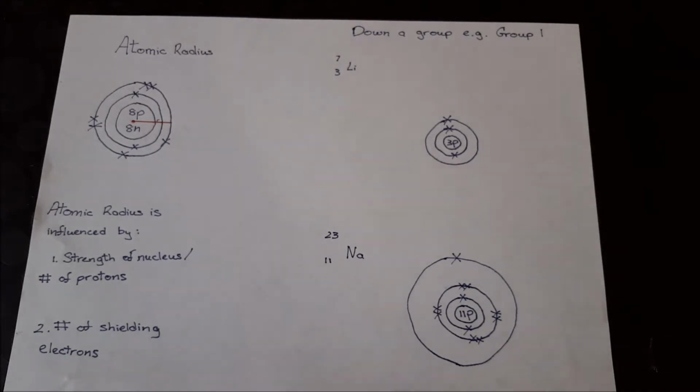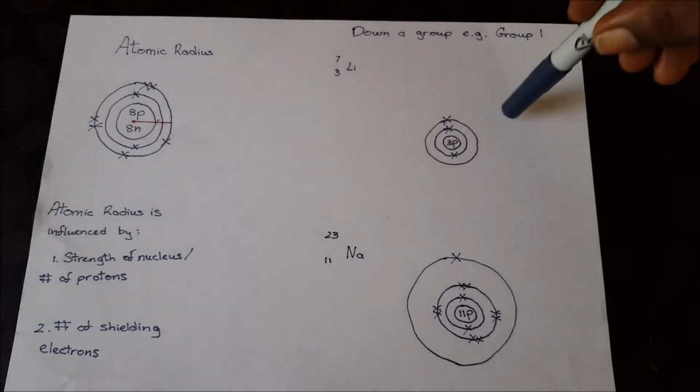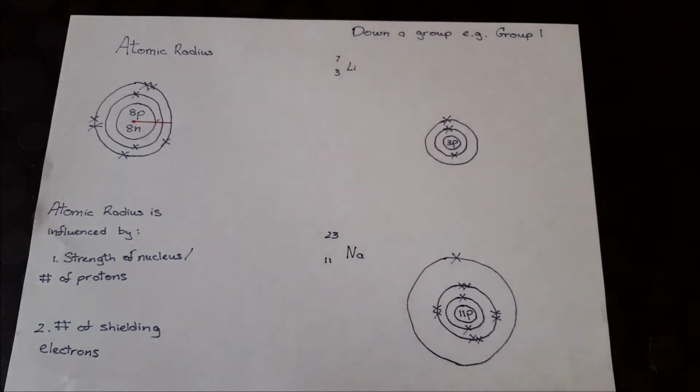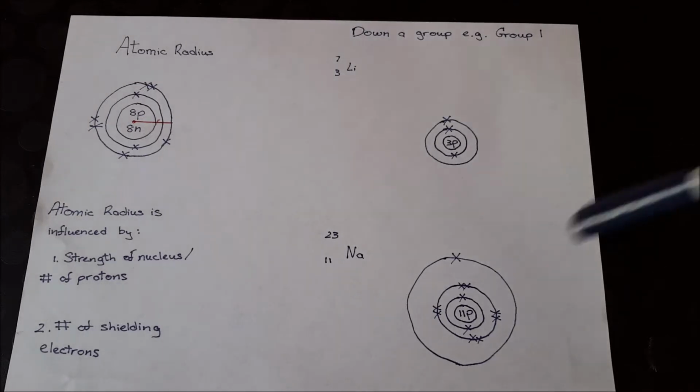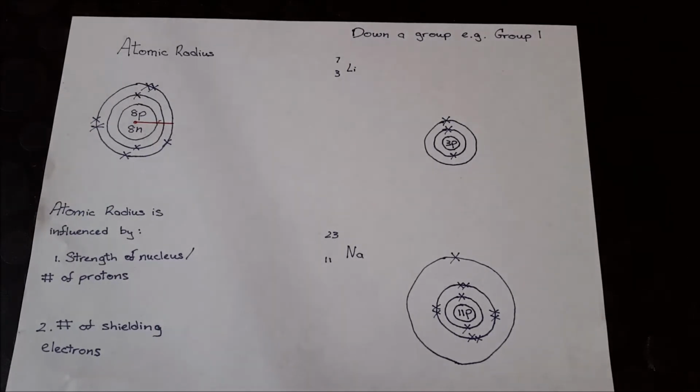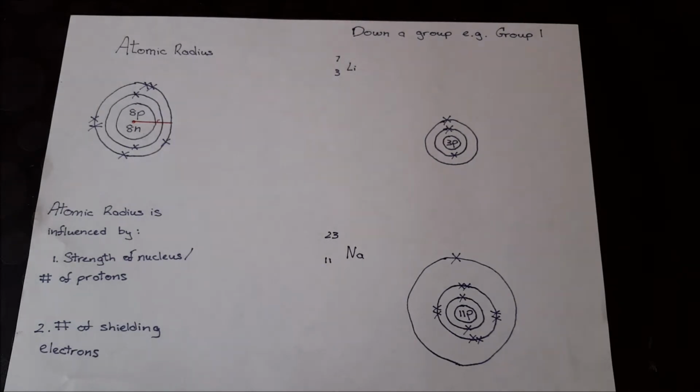As you can see in my picture, we're looking at group 1 here. Lithium, which is at the top of group 1, is very small, while sodium, which is right below it, is bigger in size, or has a larger atomic radius. Now let's explore why.